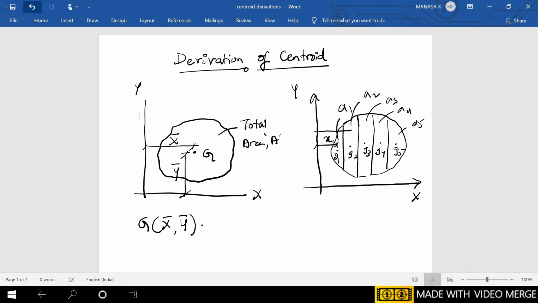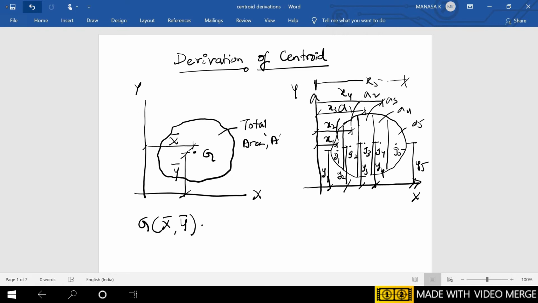In the same way, x2 for G2, x3 for G3, x4 for G4, x5 for G5, and it will be at a perpendicular distance of y1 to the x-axis from G1, y2 from G2, y3 from G3, y4 from G4 and y5 from G5.